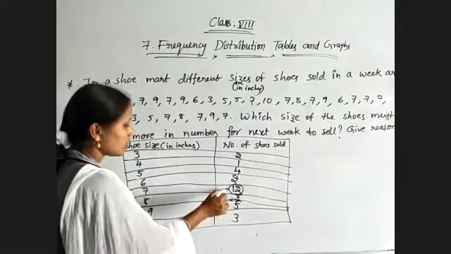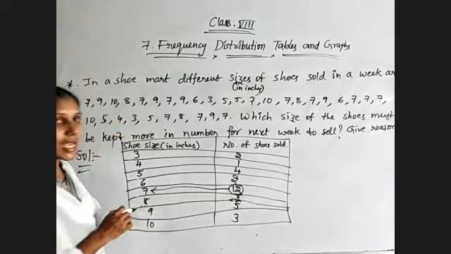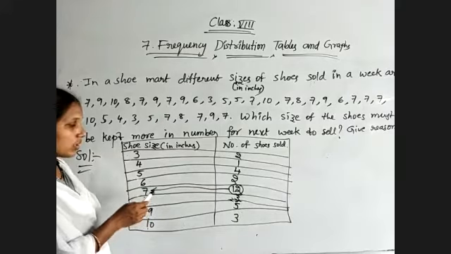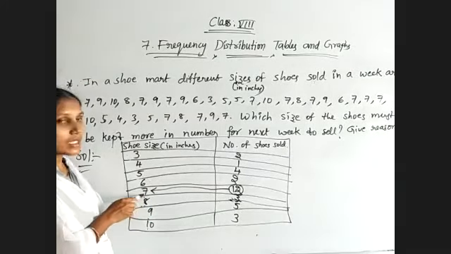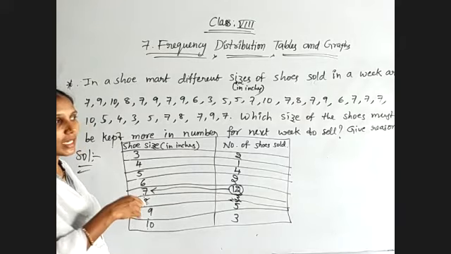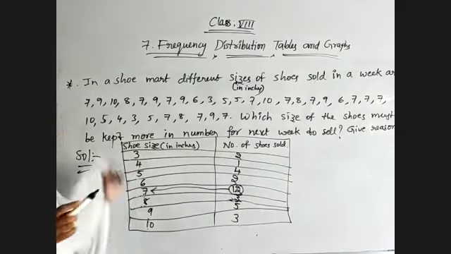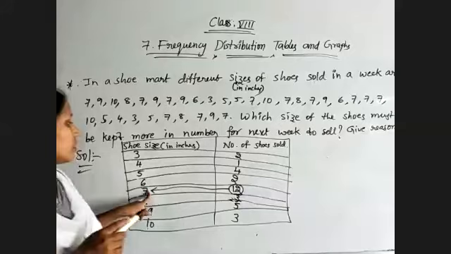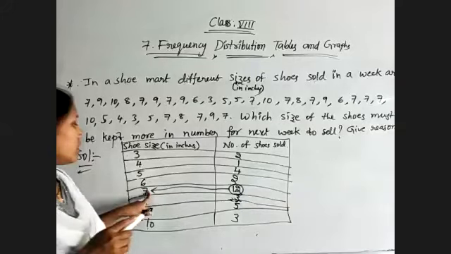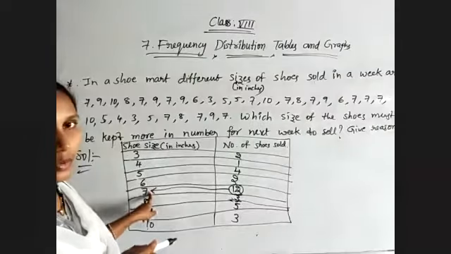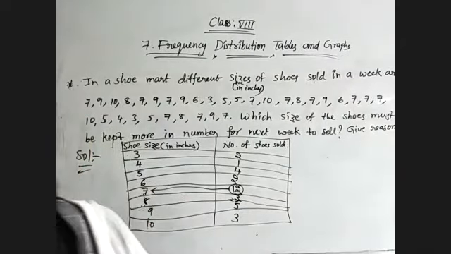That means size 7 shoes were sold the most. So he needs to bring size 7 shoes to sell for the next week, because these shoes were sold more. Okay, so write that reason.